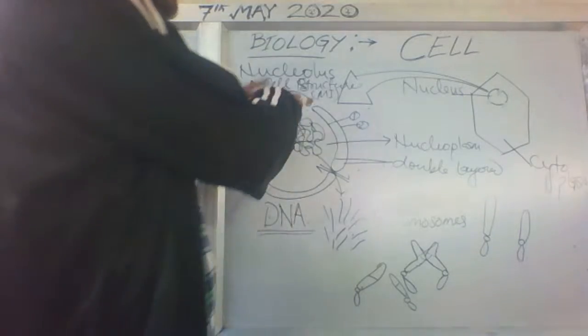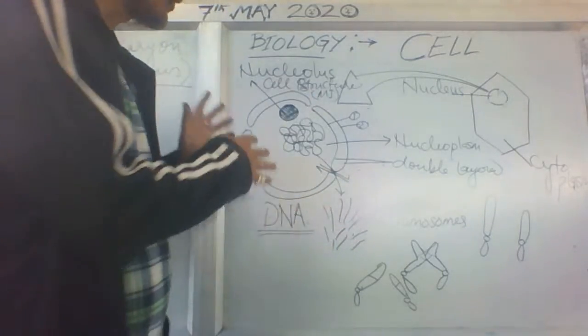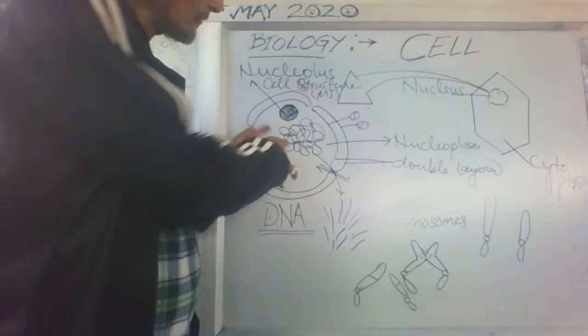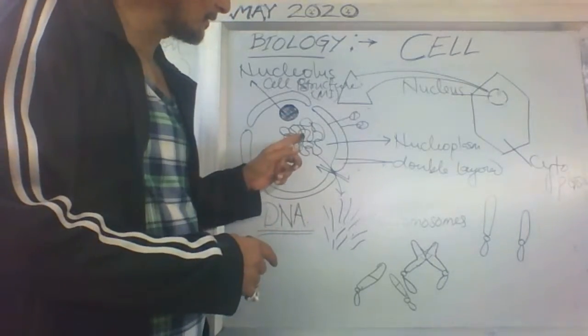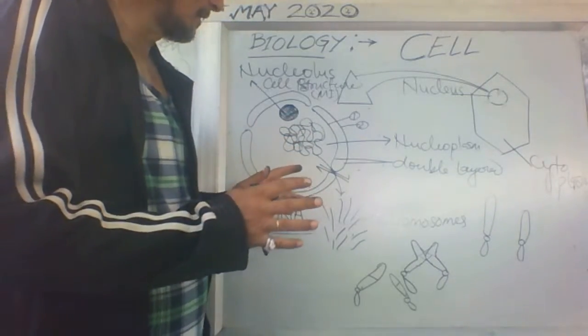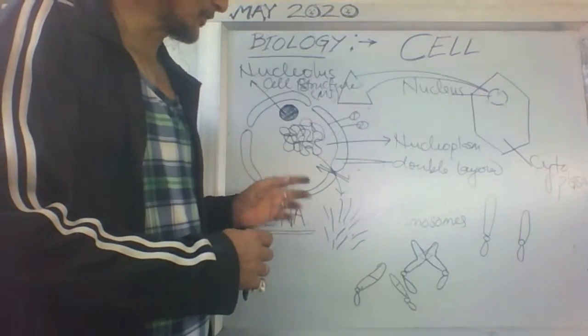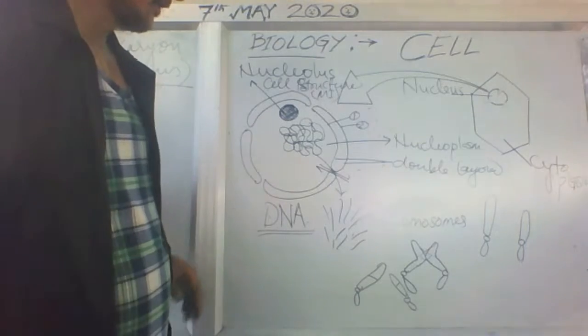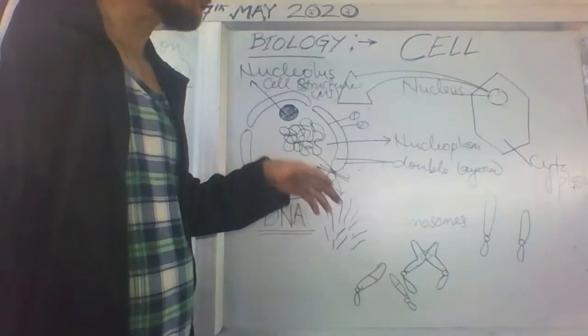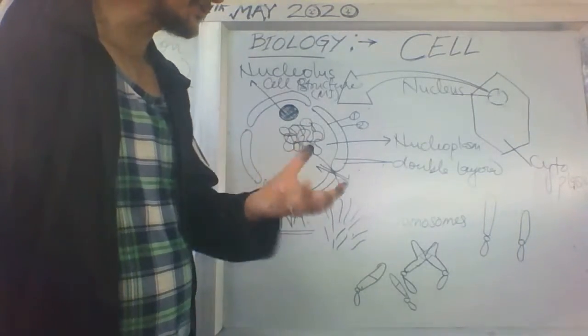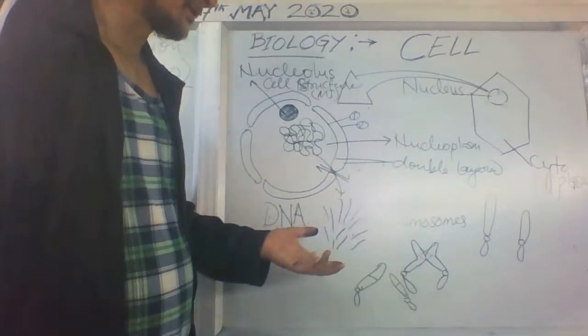So the nuclear region will be open, the nucleolus will not be there, and this DNA structure, which is just like a network, will also be open to the cytoplasm of the cell membrane.